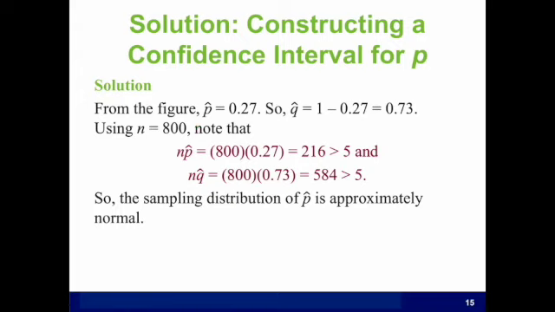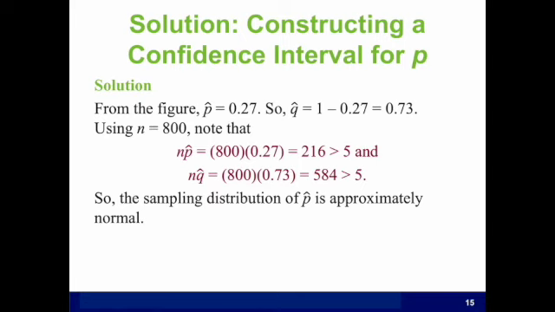Now we need to verify if we can use the normal distribution to approximate the distribution of the sample proportions. We calculate 800 times the point estimate for p, and 800 times the estimate for the probability of failure. They turn out to be greater than or equal to 5. So the sampling distribution of p hat is approximately normal.